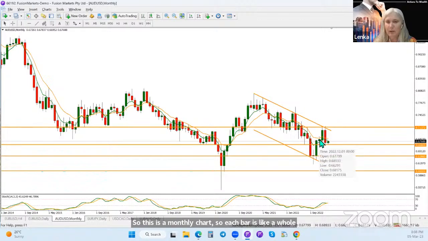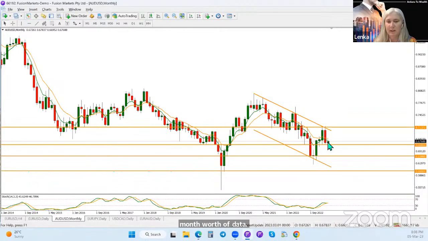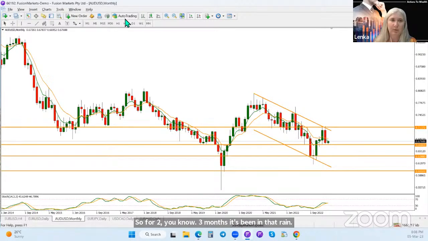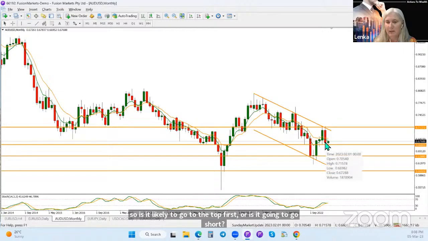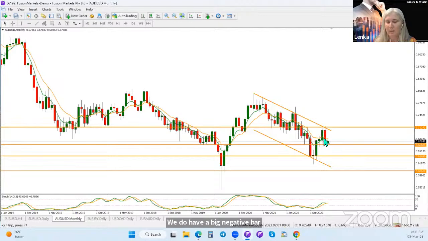So for 3 months, it's been in that range. I like to trade it from the top, but it's not at the top. So is it likely to go to the top first, or is it going to go short? We do have a big negative bar here, which is a big decisive bar, but I can't just rely on that to go short. So I want some more confirmation.